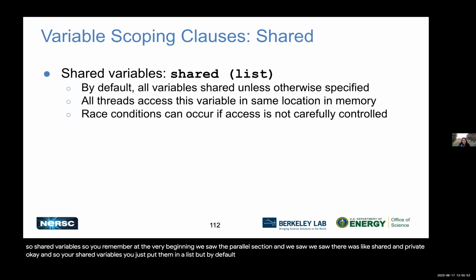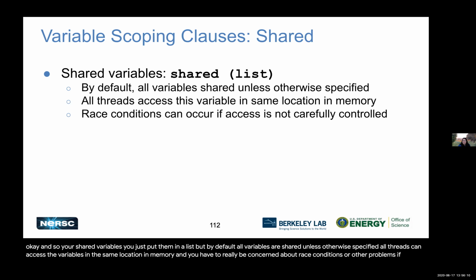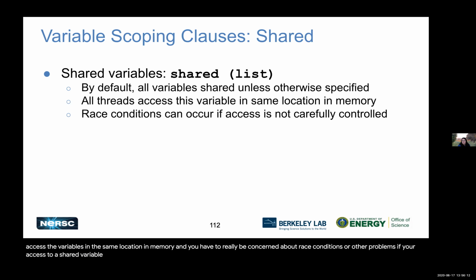But by default, all variables are shared unless otherwise specified. All threads can access the variables in the same location in memory. You have to be really concerned about race conditions or other problems if your access to a shared variable is not carefully controlled.